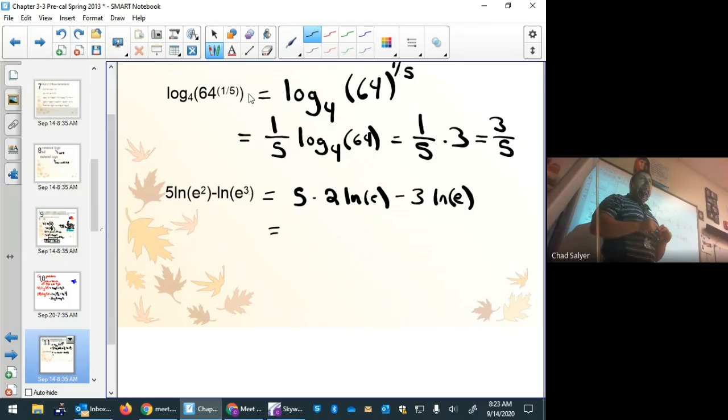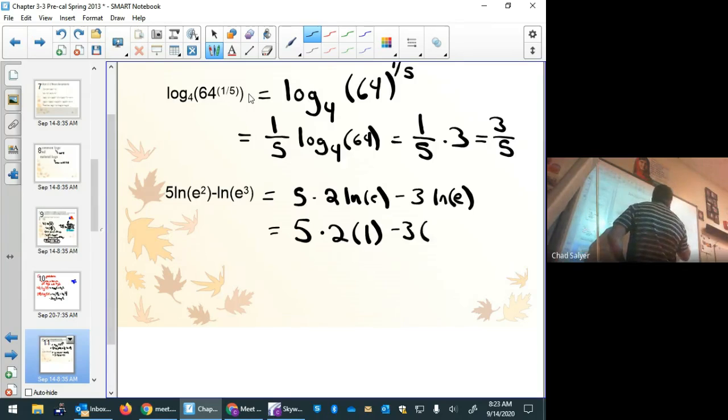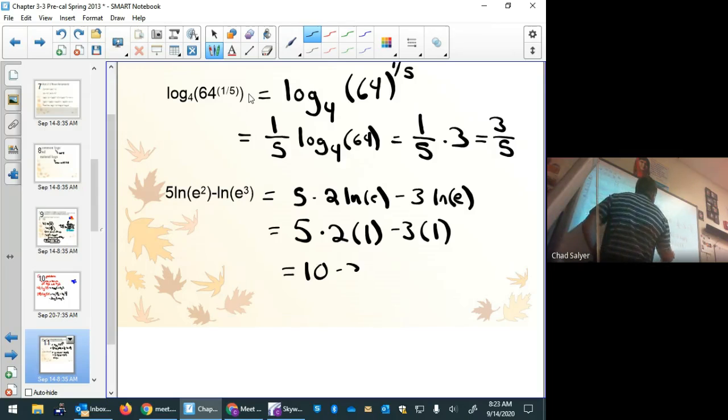What power do I put on a base to get itself? 7 to what power is 7? 1. So e to what power is e? 1. So these both simplify to 1. And so I get 10 minus 3, or 7.